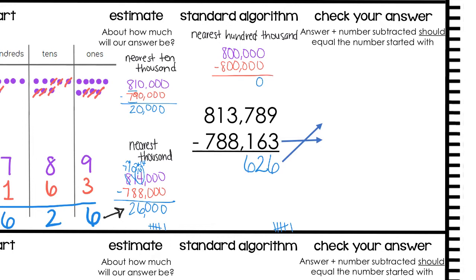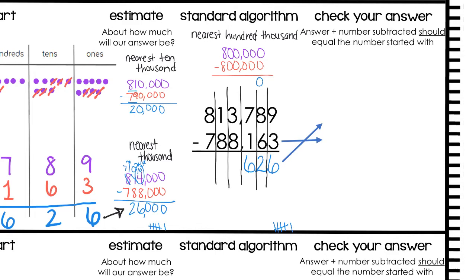Then I come to my thousands place. 3 take away 8. Can I do that? No, if I only have 3, I cannot take away 8. So I must come and regroup. Now I'm going to draw my little skinny lines here for my place values so that I can stay nice and precise.